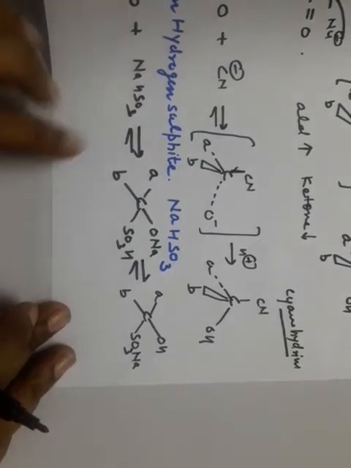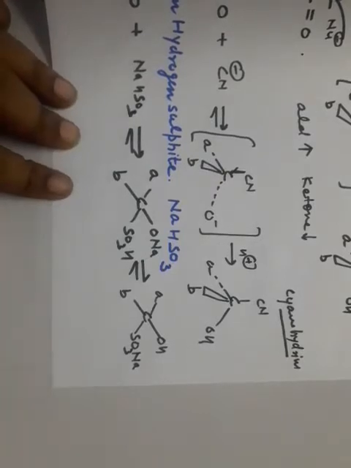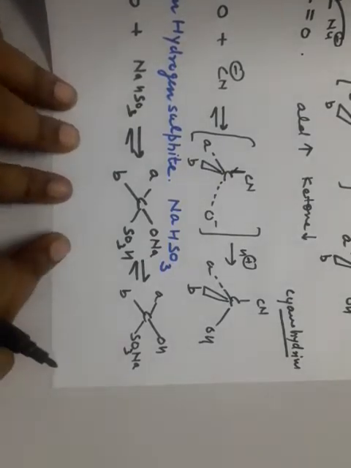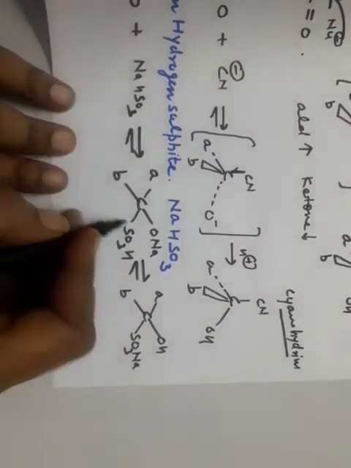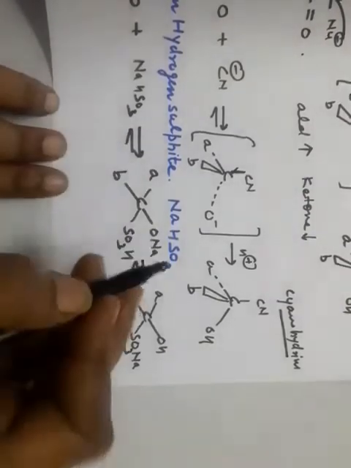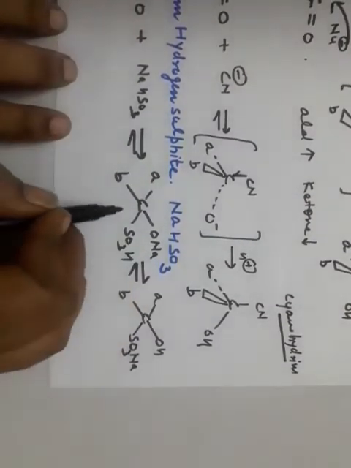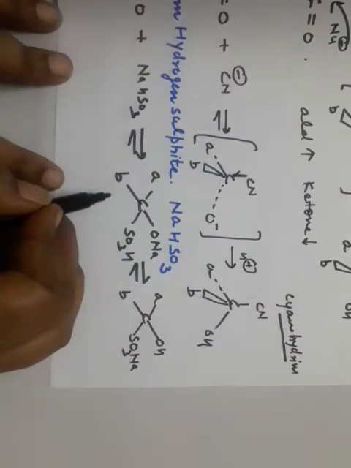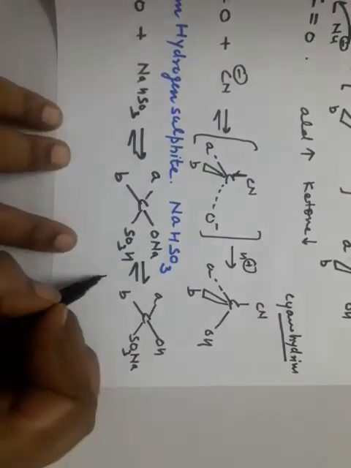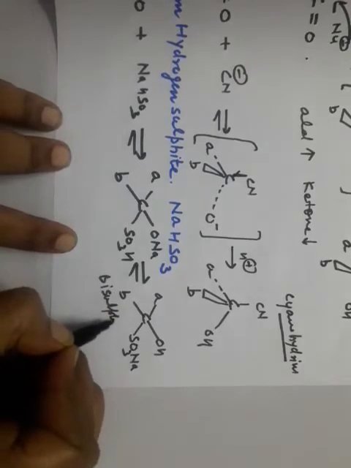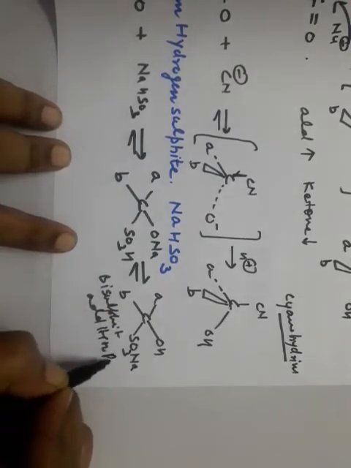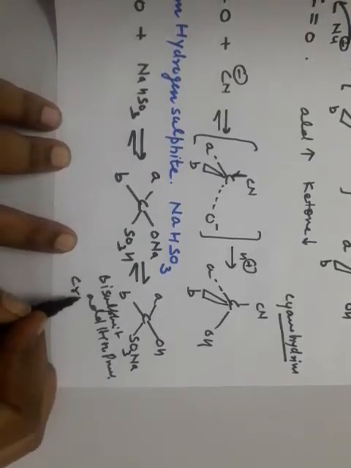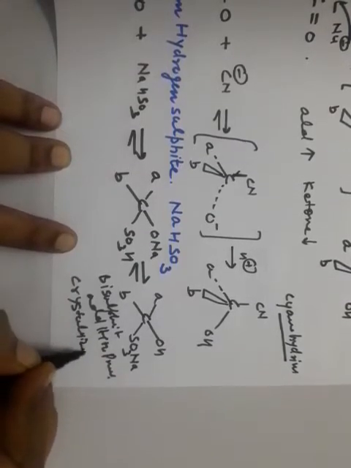See students, this reaction is very important for the distinction of aldehyde from ketone. In the case of aldehyde, the reaction goes in the forward direction because it is favored due to less steric hindrance. The compound formed here is called the bisulfite addition product, showing crystallization as a white precipitate.